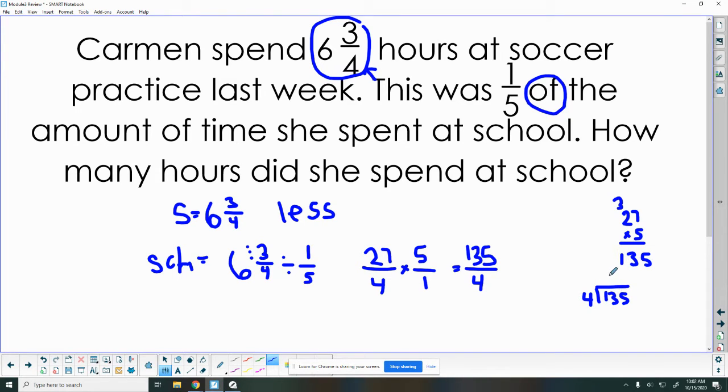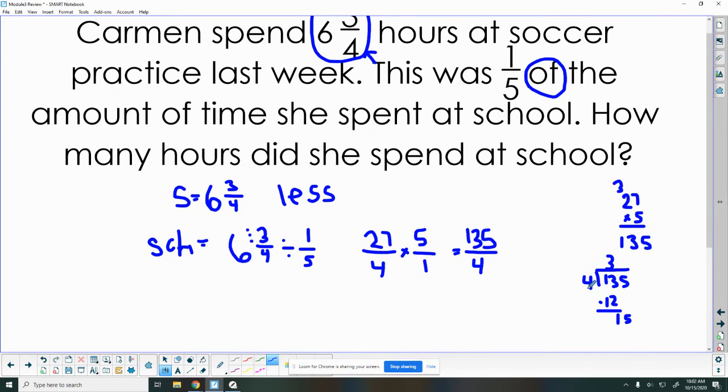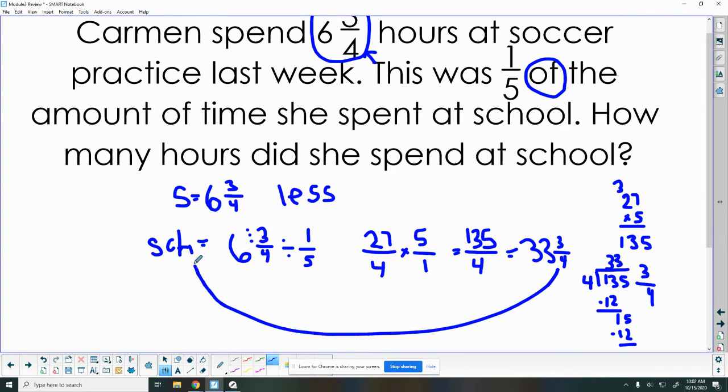So 4 goes into 13, 3 whole times, which is 12, 1 left over, bring down my 5. 4 goes into 15, 3 times, which is another 12 with 3 left out of 4. So she spent 33 hours and 3/4 of another hour at school.